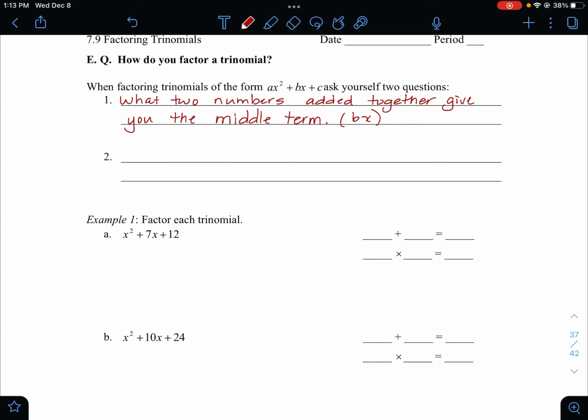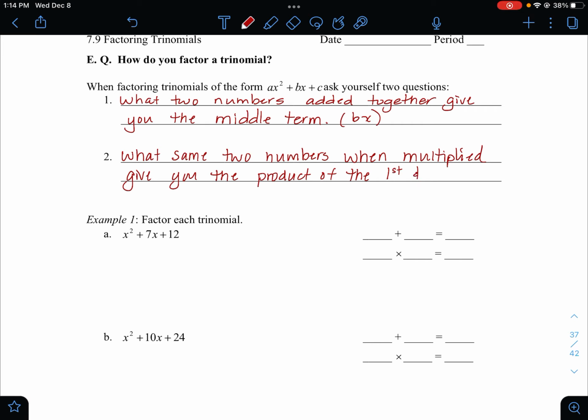Okay, and sort of simultaneously, you say what same two numbers when multiplied give you the product of the first and last terms?